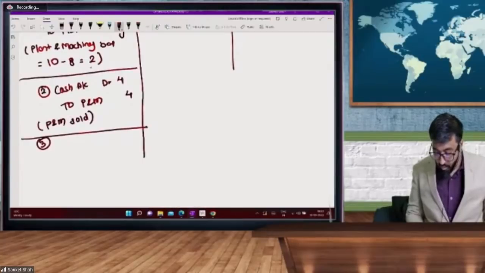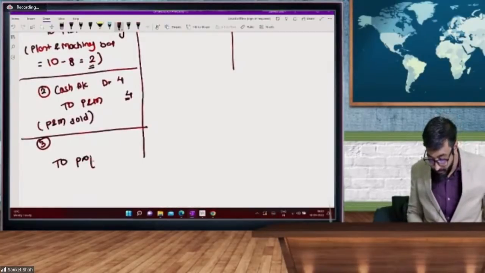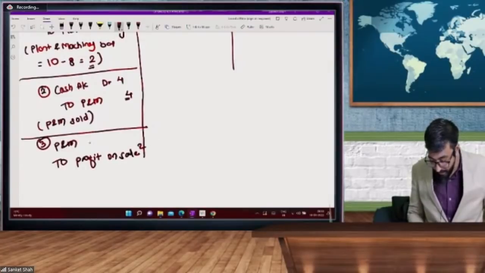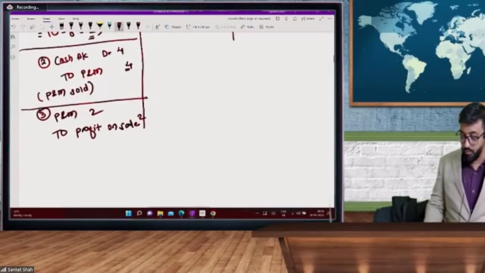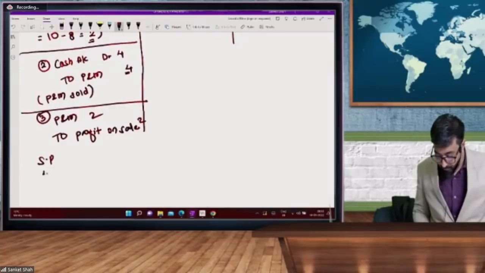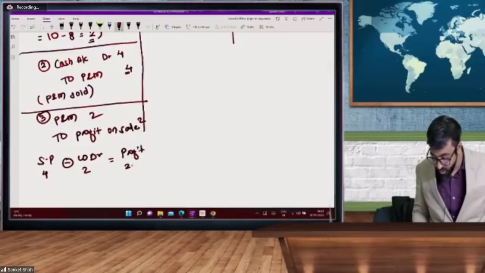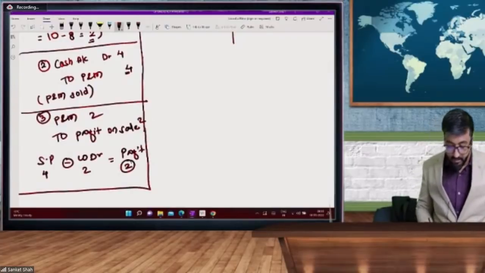Now 2 rupees machinery you sold for 4 means you are in profit. So to profit on sale, 2 rupees, and plant and machinery debit 2. So selling price 4, WDV 2, therefore your profit is rupees 2. So these are 3 entries you have to pass.